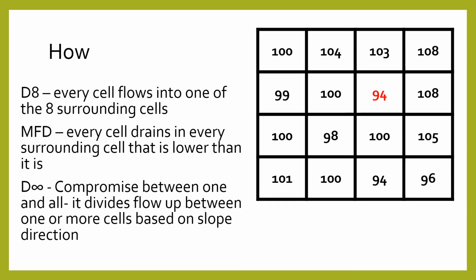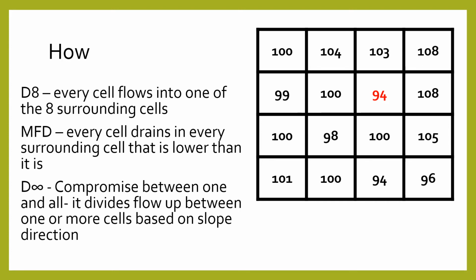If we're going to look at a D8 or an MFD or a D infinity, with a D8, every cell flows into one of the surrounding 8 cells. It simply has to decide which one is the lowest, and that's where it goes. In multiple flow direction, every cell drains into every surrounding cell that is lower than it. So if 7 of those 8 surrounding cells are lower than the one in the middle, it drains divided up evenly between all 7. The D infinity is sort of a compromise between the D8 and the multiple flow direction.